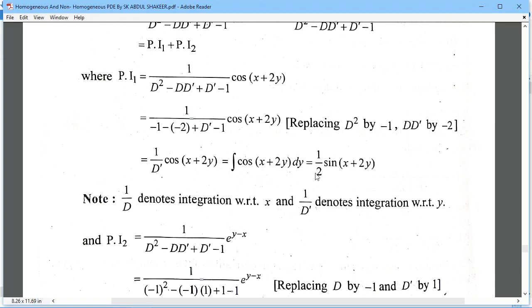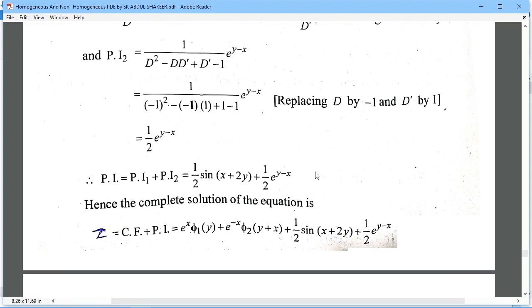Now coming to the second PI case, that is 1 by f(D, D') capital F(x, y). But what is capital F(x, y) here? It is an exponential function, which is compared with e^(ax+by). A is -1 and b is 1. So here we replace D as -1 and D' as 1.